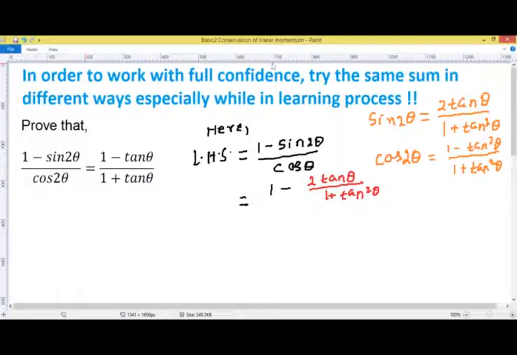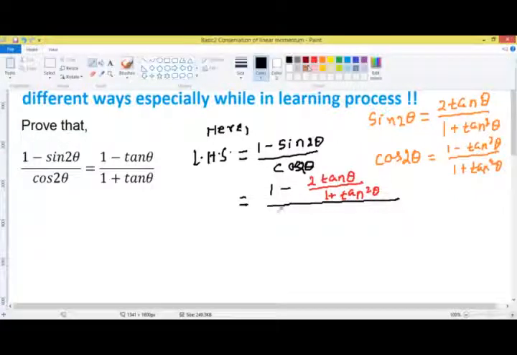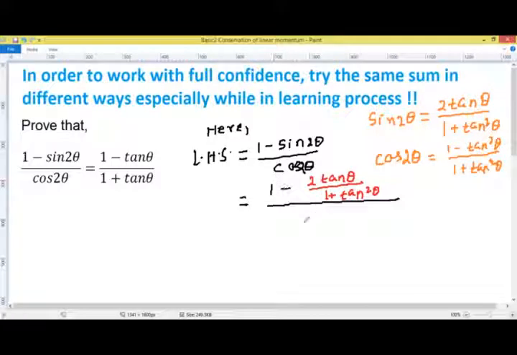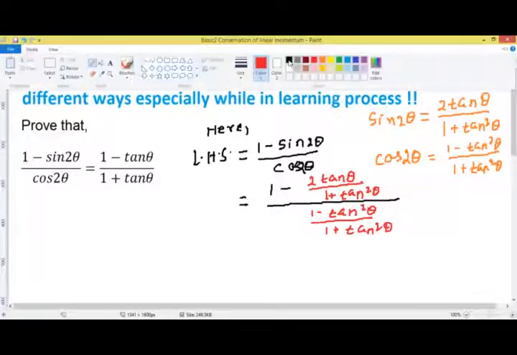Then in the denominator, in place of cos 2 theta we write 1 minus tan square theta over 1 plus tan square theta.